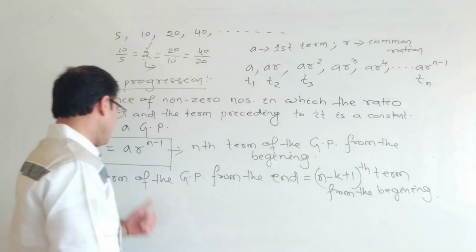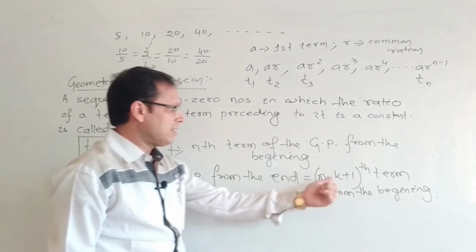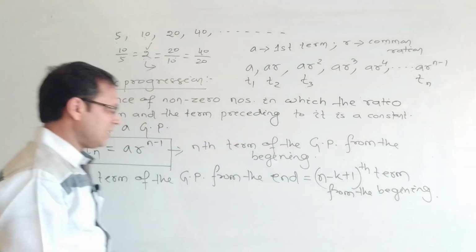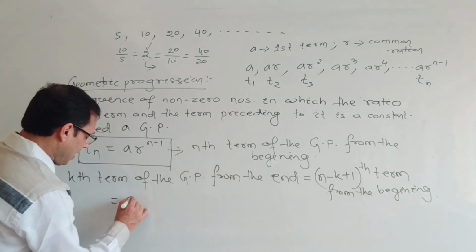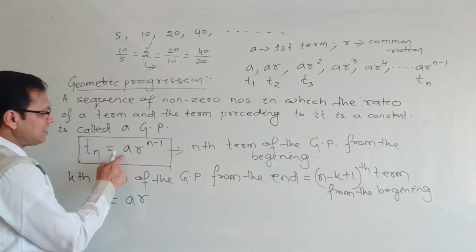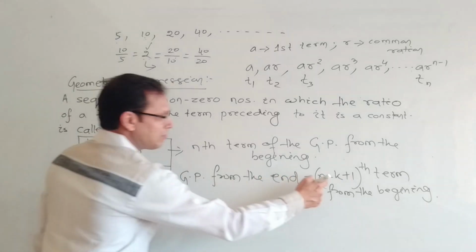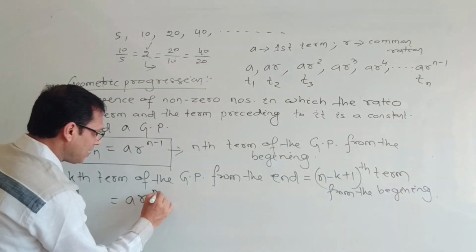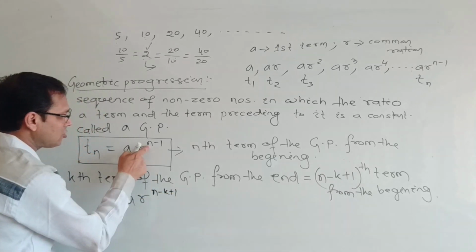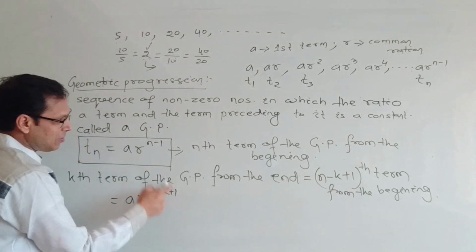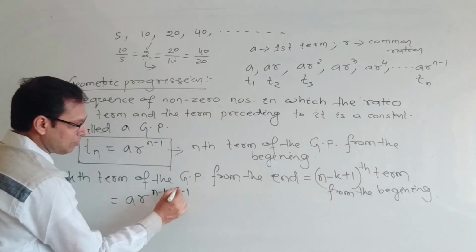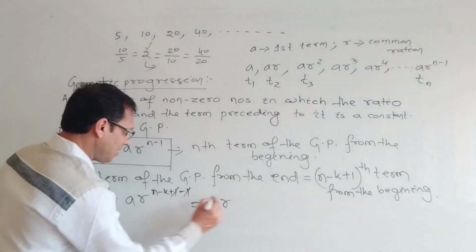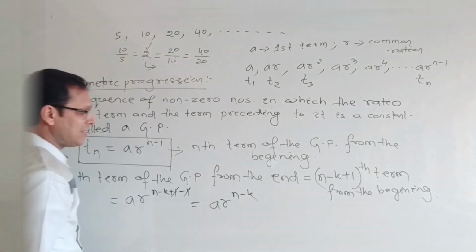That is, the kth term from the end is nothing but the n minus k plus 1th term from the beginning. The nth term is AR to the power n minus 1. Here the n minus k plus 1th term from the beginning is AR to the power n minus k plus 1 minus 1. N should be replaced by n minus k plus 1, again minus 1; the minus 1 and plus 1 cancel. This is nothing but AR to the power n minus k.